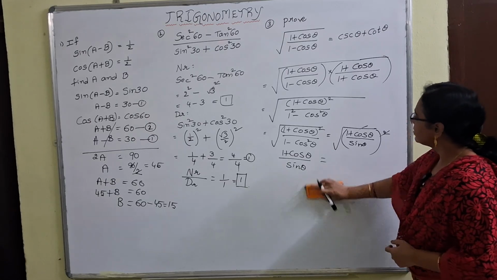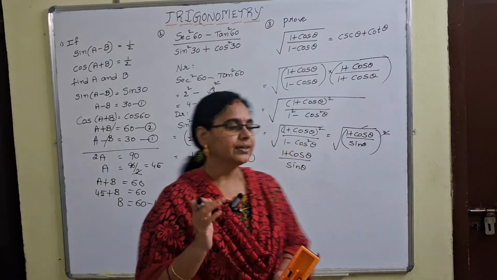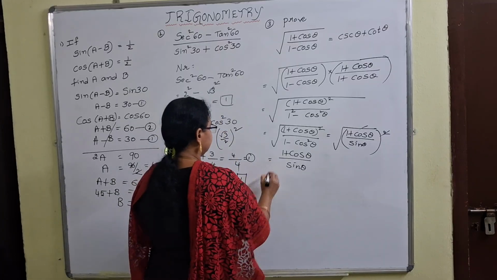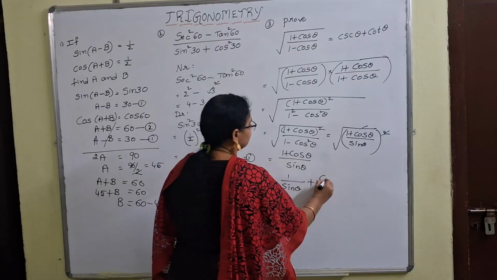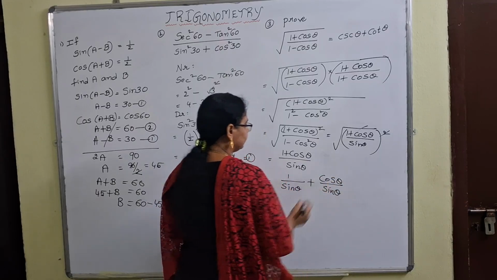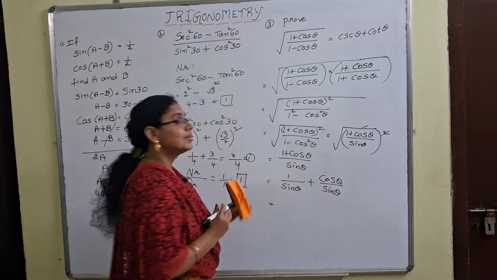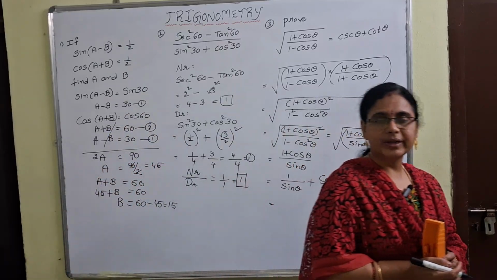Now when you observe the common denominator, split it. 1 by sin theta plus cos theta by sin theta. Split 1 by denominator plus cos by denominator.